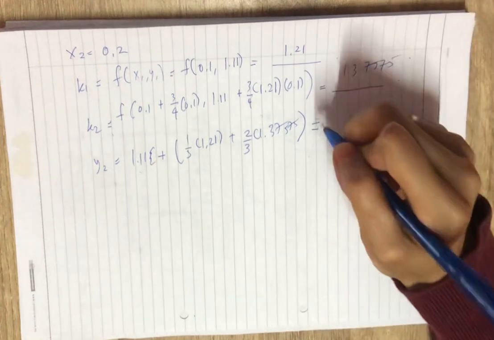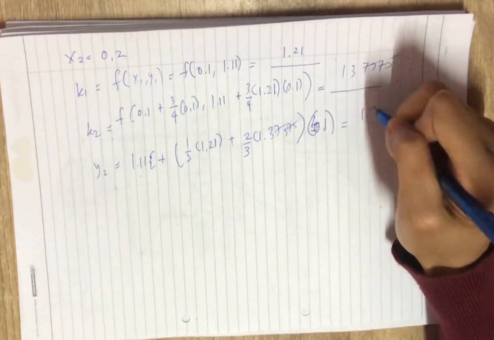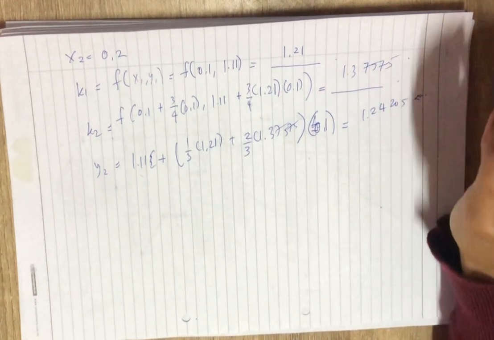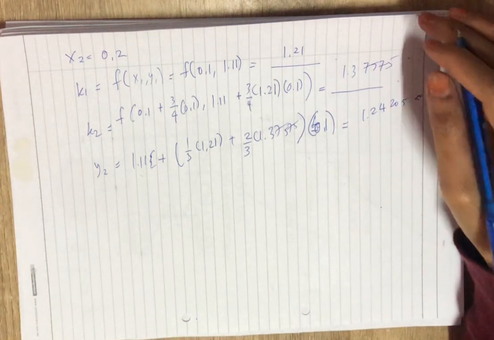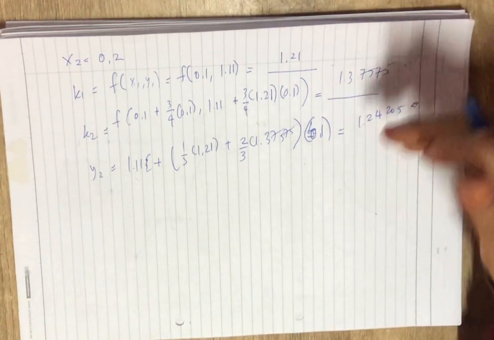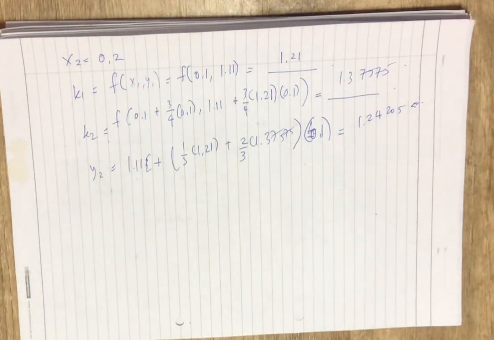Therefore, don't forget to multiply with your h. Your answer will be 1.24205. I just copied the answer from the textbook. You may try, and then you check with the textbook, because the answer is the same. Okay, class. So that's it.